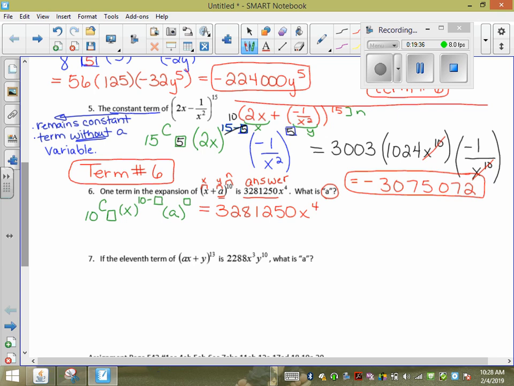Anyone have any idea how to figure out what that box might be? What that k value is? From the answer they gave us? Why? Because x is equal to 4 in our answer. So then this would have to be equal to 6 to get 4. You're right. So if the one box is 6, that means k is 6. So this is 6, this is 6, this is 6.